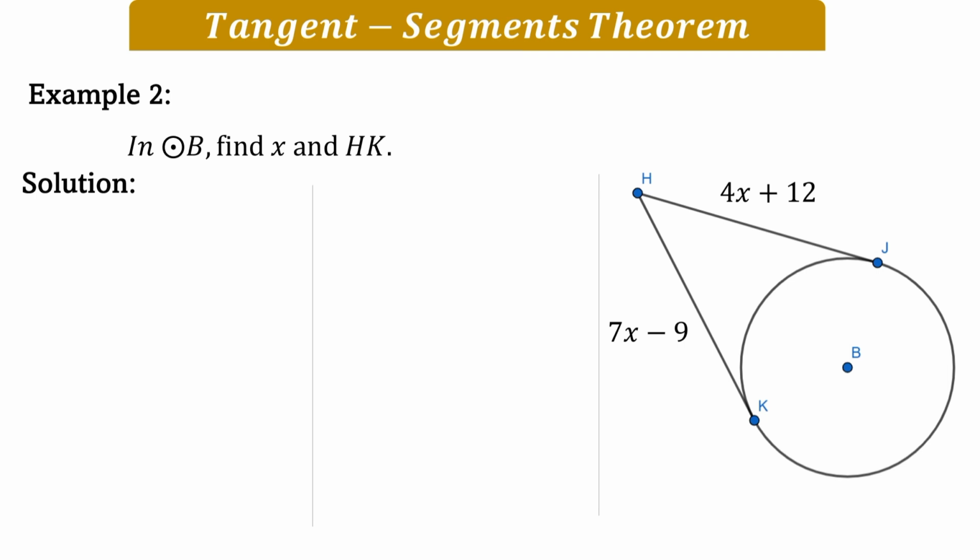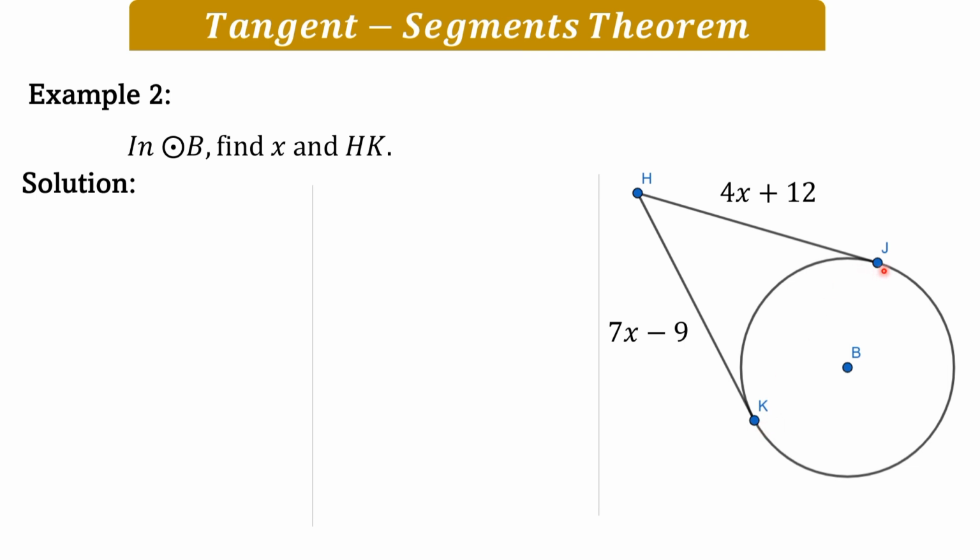Example 2. In circle B, find the value of x and the length of HK. Segment HK and segment HJ are tangent to circle B at point K and J respectively.